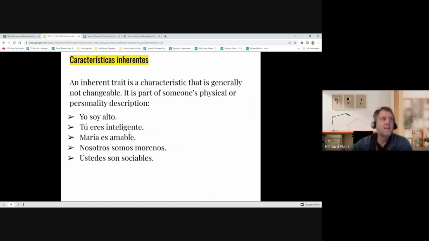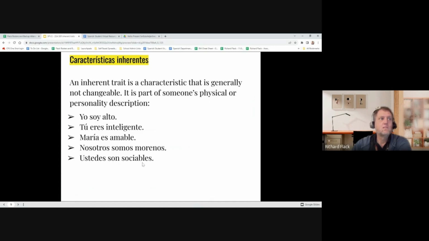Tú eres inteligente. You are intelligent, right? So, again, that is an inherent characteristic. It's part of our personality, part of our description. Maria es amable. Maria is nice. She's lovable. She's kind. Nosotros somos morenos. We are dark-skinned or dark-haired.